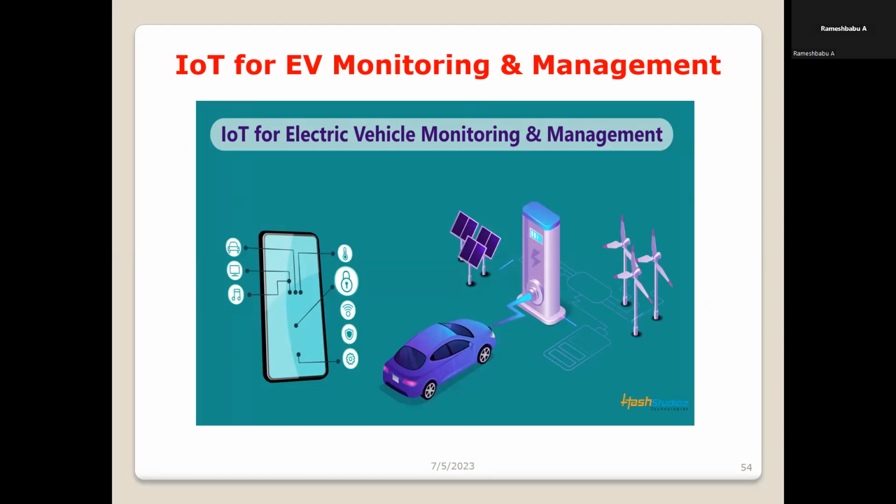That is the BMS, managing the charging and discharging cycle of the battery. That is the main thing, and it ensures battery health and minimizes the risk of damage, enhancing energy use. So mainly you can see IoT in the battery management system.